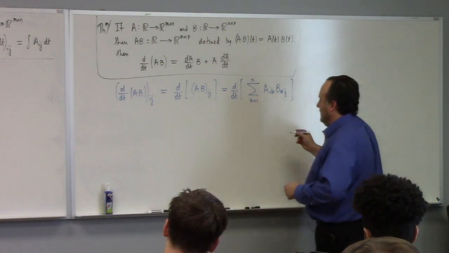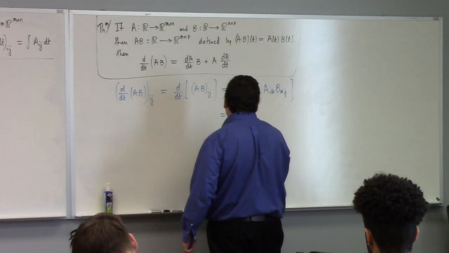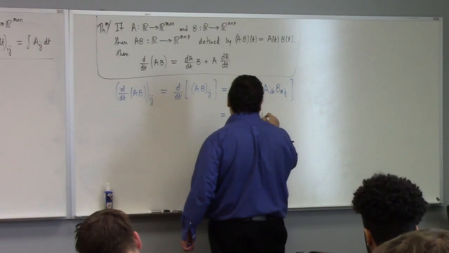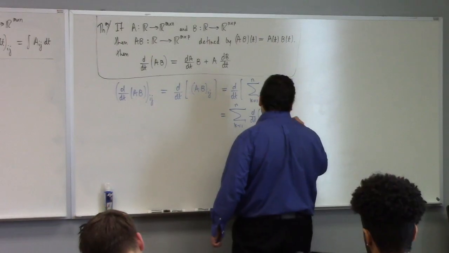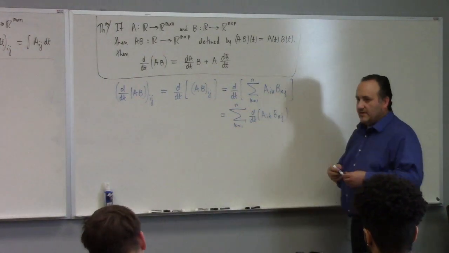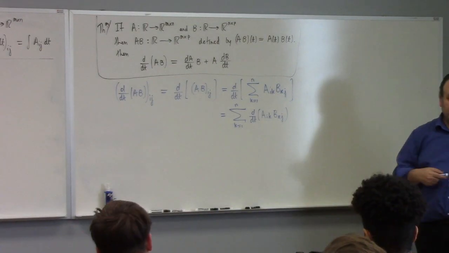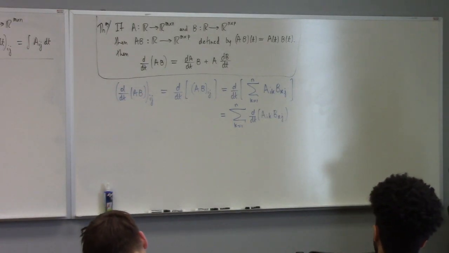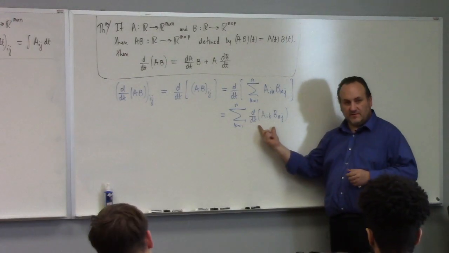All right. And then now we just do like Calculus 1. So this is the sum, k equals 1 to n, of d/dt of aik bkj, right? That's just by linearity of the derivative. The derivative of the sum is the sum of the derivatives. That's all I'm using there. That's a property of derivatives we have from Calc 1. Now I'm looking at the derivative of a product. Now this isn't a product of matrices. This is a product of component functions of matrices, right?